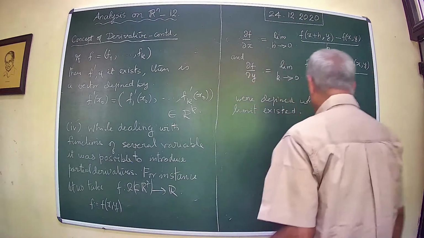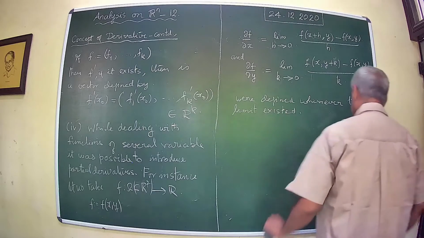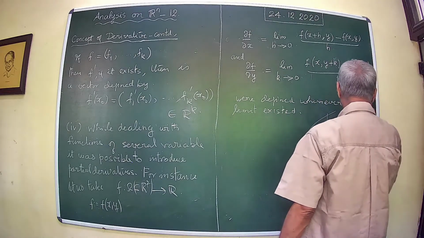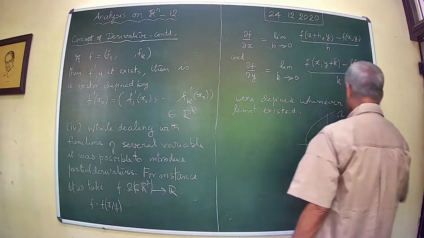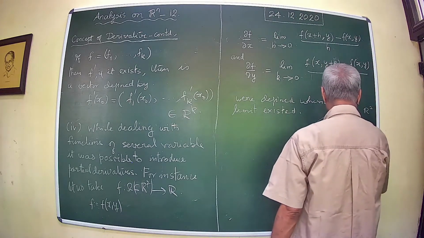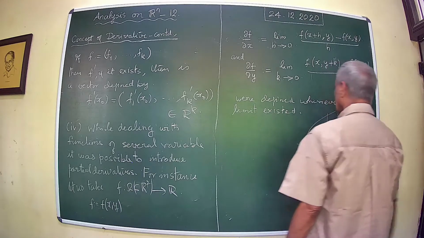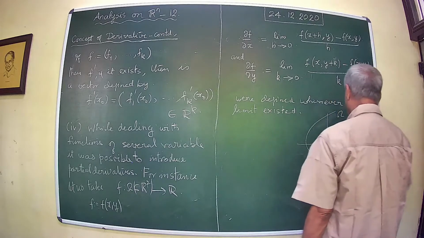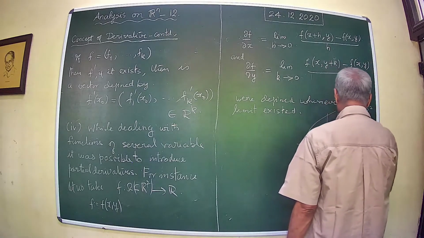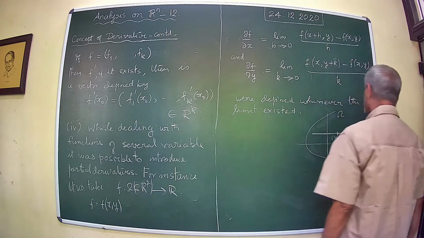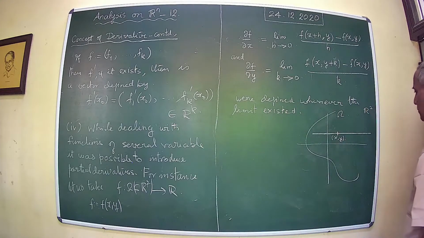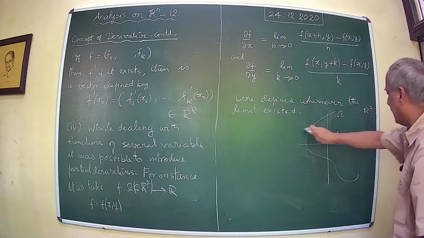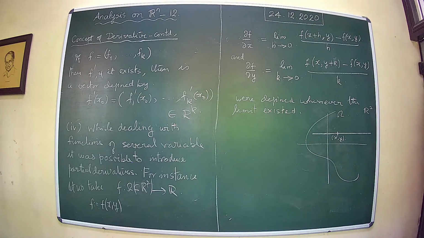Now exactly the point was this. In the xy plane, suppose this is your omega, you have a point xy. You are taking a derivative with respect to x, which means what? You are working on this line, and you are restricting the function to the line y equal to constant.